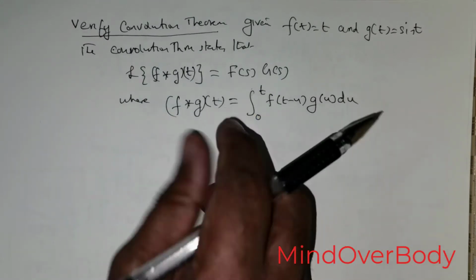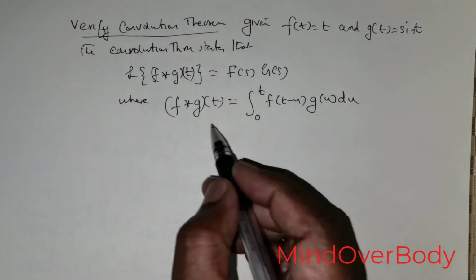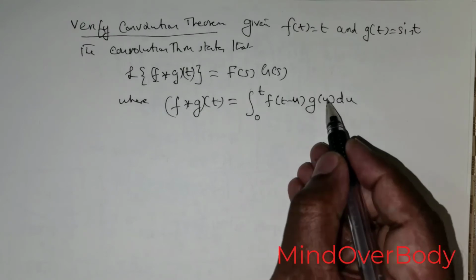So this is the definition of the convolution of two functions, and the variable under consideration is u.